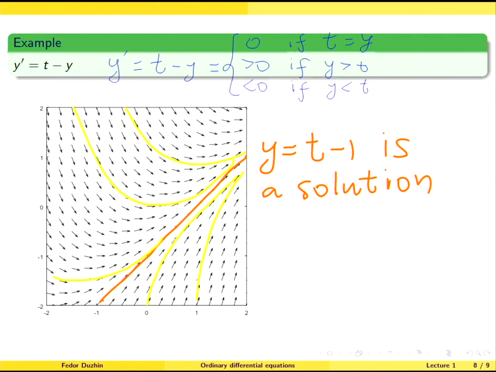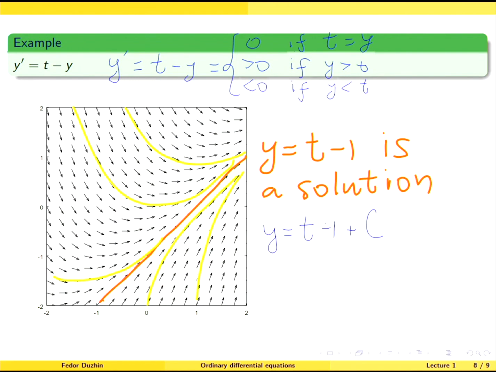that the general solution of this differential equation looks like t minus 1 plus some constant times, well, some specific function.